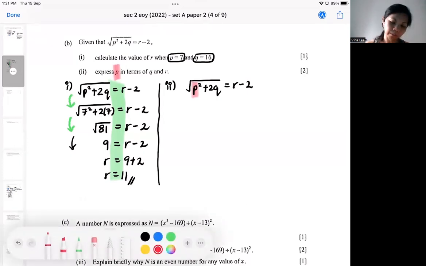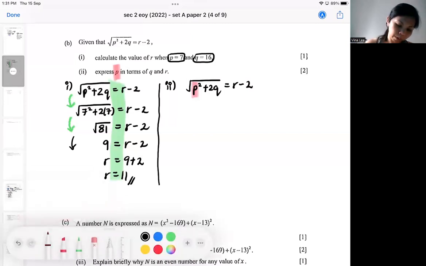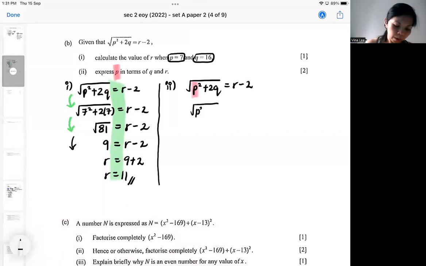One of the techniques is to square both sides. There is a square both sides technique which some of you are quite weak at. Mentally you are like, I don't know what to do. So you're going to square both sides. The squaring will remove the huge square root.